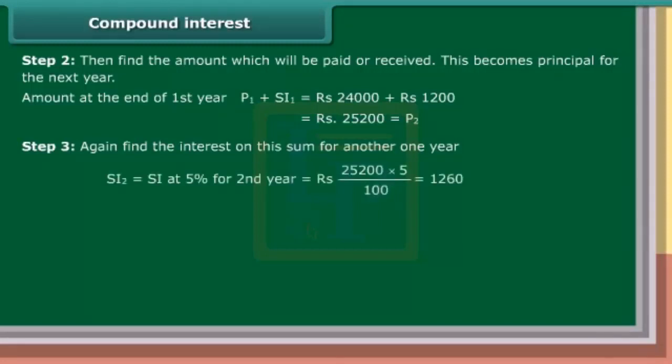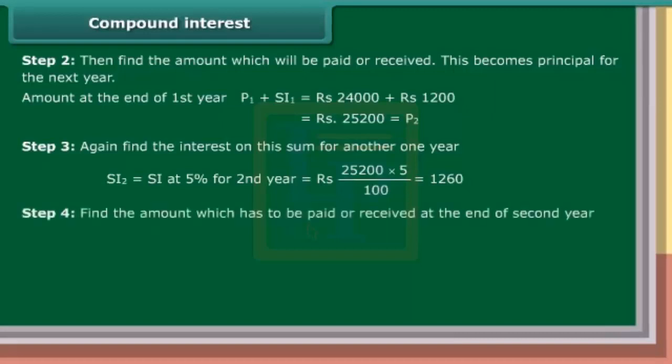SI2 is equal to SI at 5% per annum for the second year, which is equal to rupees 25,200 into 5 upon 100, which is equal to rupees 1,260. Step 4. Find the amount which has to be paid or received at the end of second year.